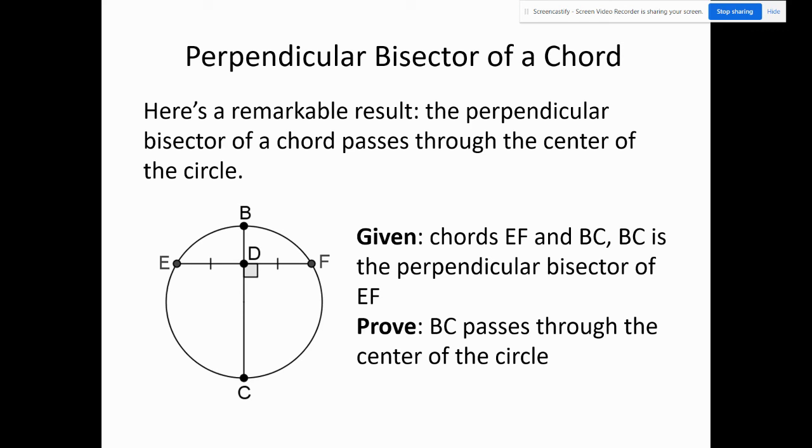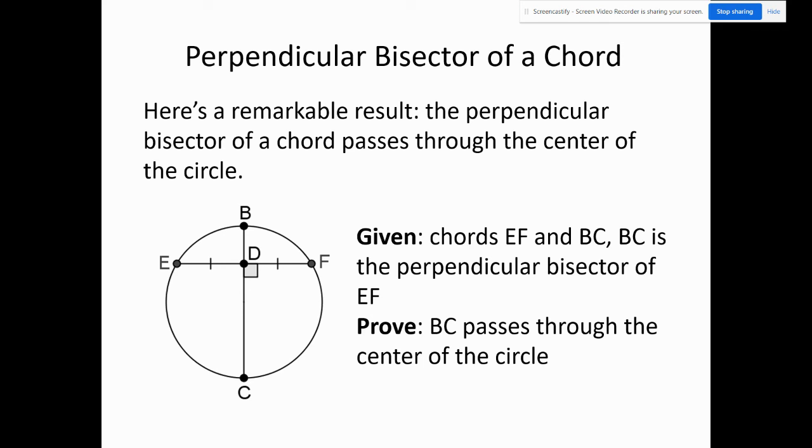Bisector because it goes to the midpoint, perpendicular because it forms the right angle. What will follow in this case is that the perpendicular bisector BC will pass through the center of the circle. That is, if you'd like to put it in another way, it will be a diameter, which is really quite extraordinary. And I'll show you something that follows from this in just a moment.